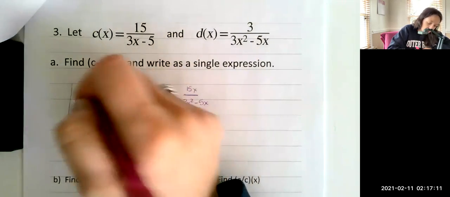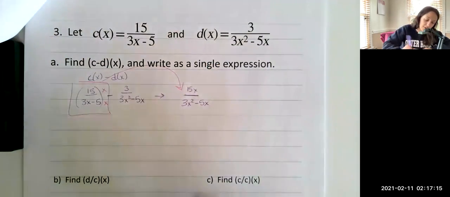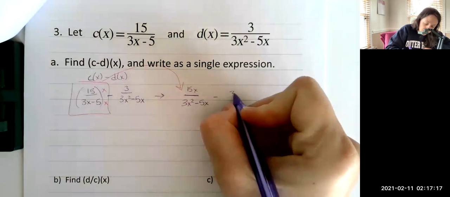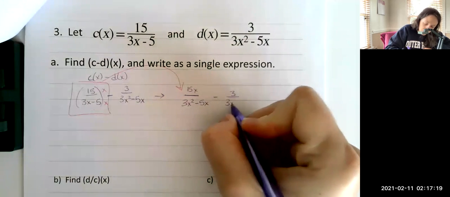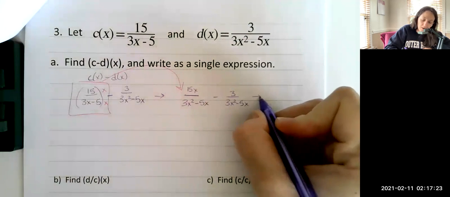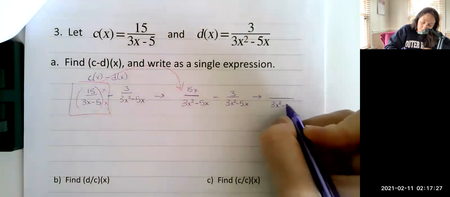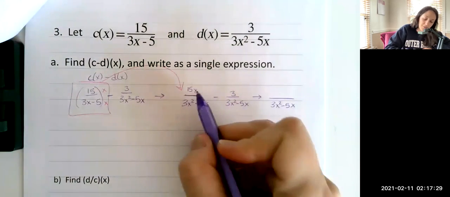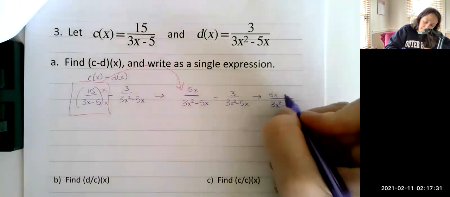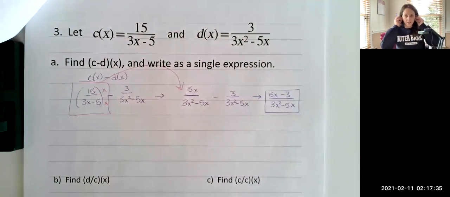So this is the work of the common denominator for the first fraction. The second fraction, I didn't have to do any work. Minus 3 over 3x squared minus 5x. Now, since they are the same denominator, I can subtract their numerators, and I get 15x minus 3. So just a word of advice here.